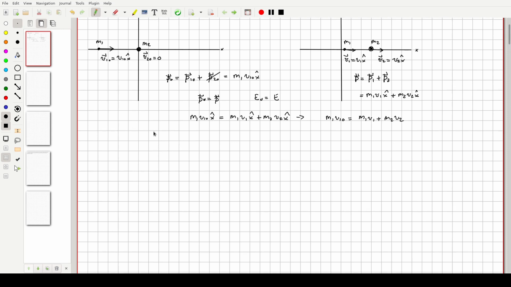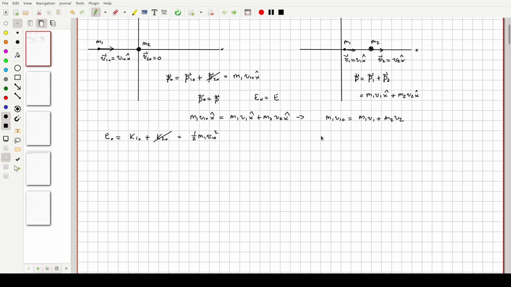So let's think about our initial energy. Our initial energy would be the initial kinetic energy of object 1 plus the initial kinetic energy of object 2. But if you take a look here, object 2 isn't moving, no kinetic energy, which means that our initial energy is just going to be 1 half m1 v1 naught squared.